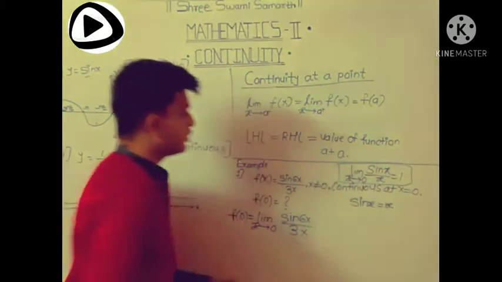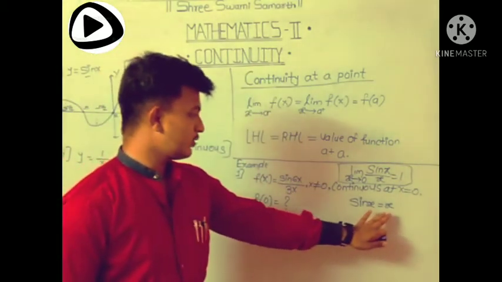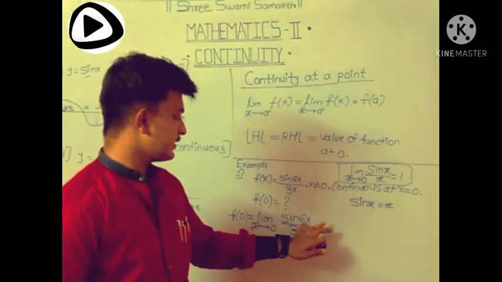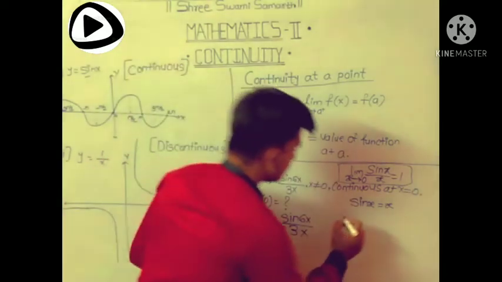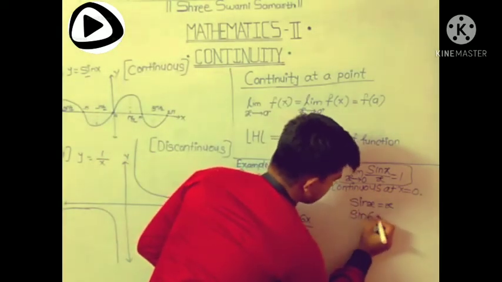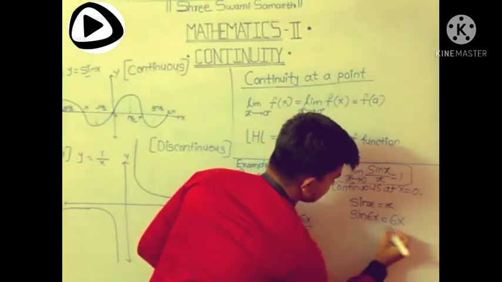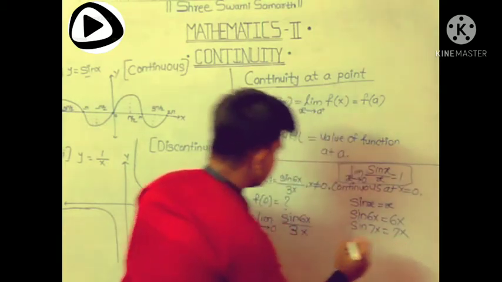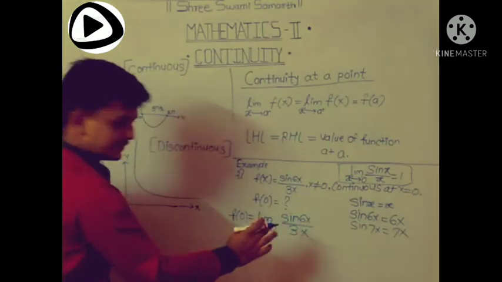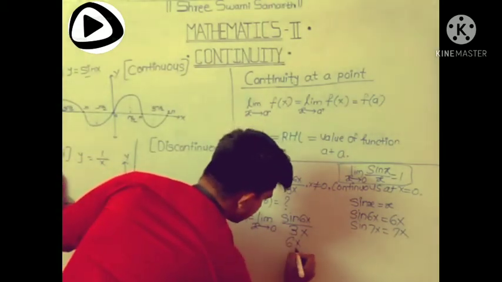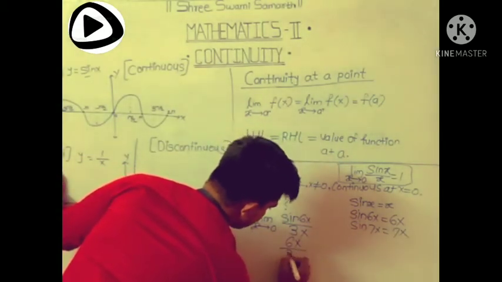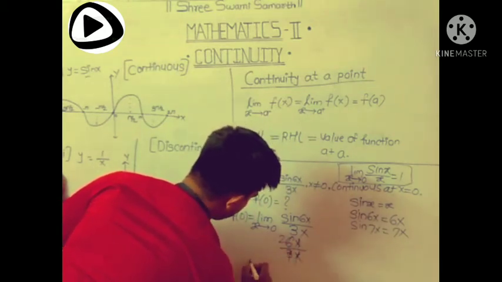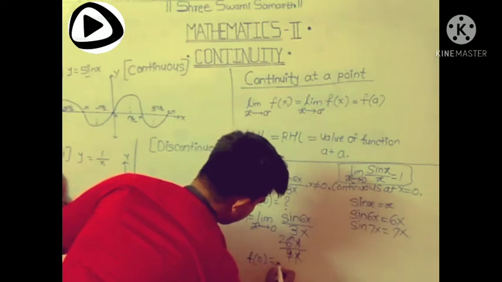So what you have seen here, sin x is equal to x. When there was x here, x came here; so here there is 6x, so what should come? If here there is sin 6x, you will directly write 6x. If it is sin 7x, you will directly write 7x. So here there is sin 6x, so we will write 6x divided by 3x. So x cancels, and 6 by 3 is 2. So f of 0, your answer will be 2.